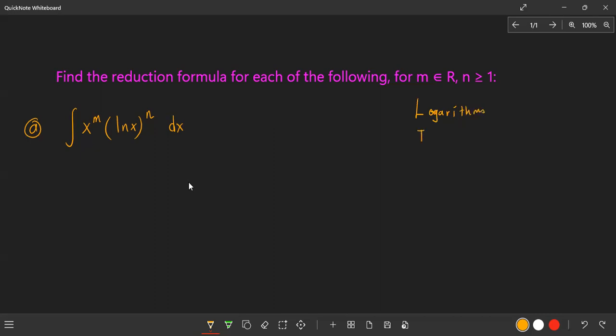The next is inverse trig functions, which have the next priority in the order. And then next is algebraic functions, which have the next priority. And then next is trigonometric functions.